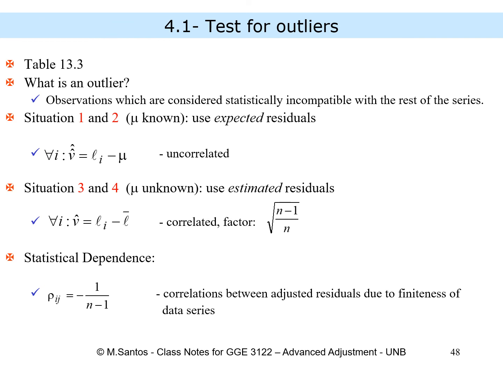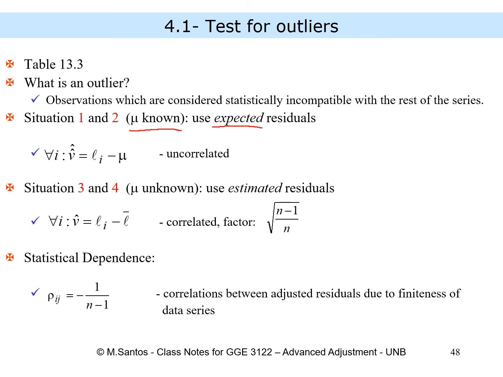Test for outliers. In situations 1 and 2, meaning the population mean is known, we use the so-called expected residuals. The residuals are uncorrelated.